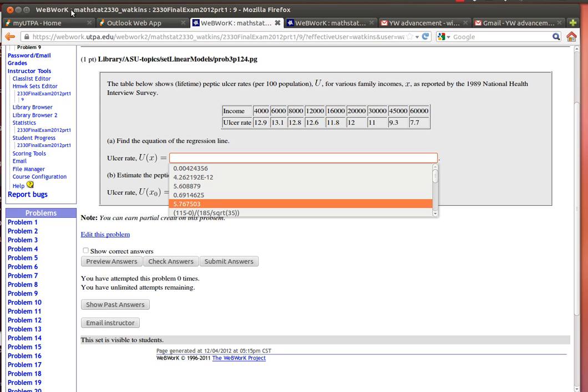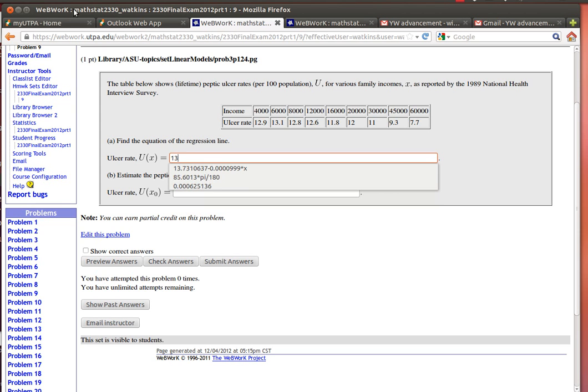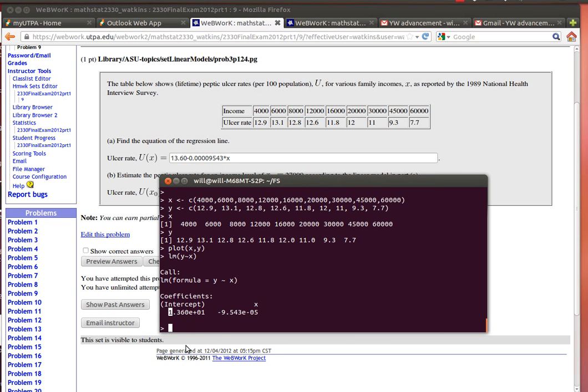That y-intercept was 13.60, and then it was minus 0.12349543 times x. Let me just pull this back in so you can see where I'm getting that from.